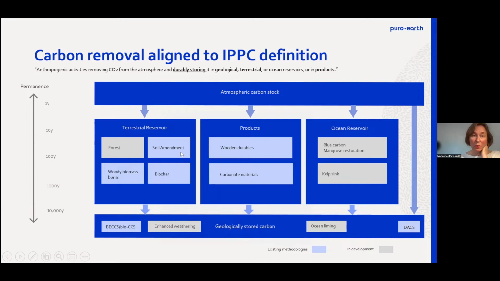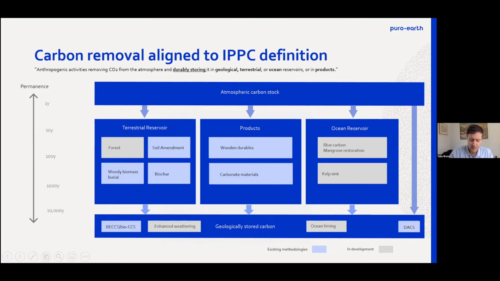The ones in blue are already available. Woody biomass burial, biochar, both offering over 100 years permanence, and then wooden materials or biomass-based materials and soil amendment offering. Can I ask a wonky quick question about the wooden building elements, wooden durables?